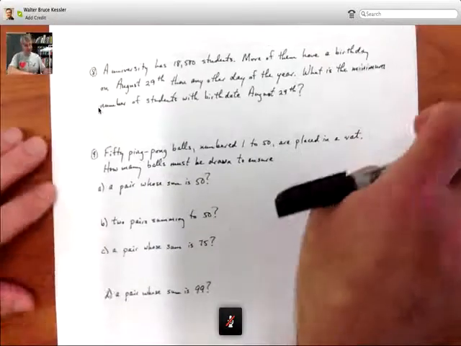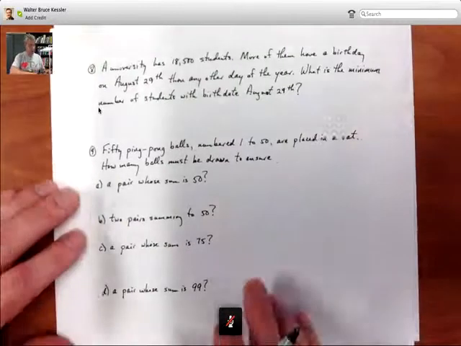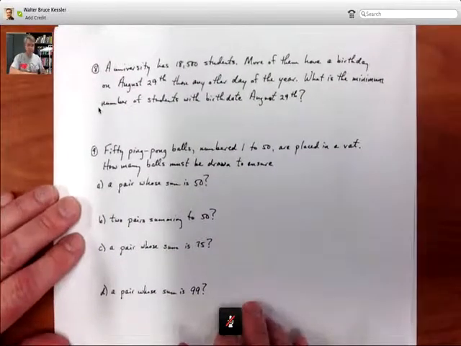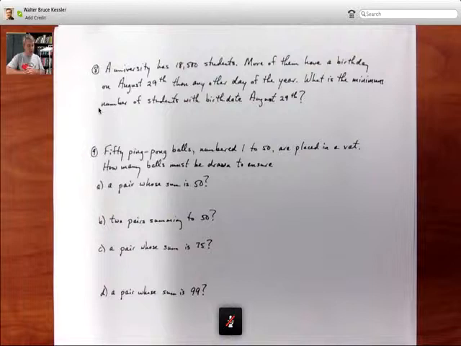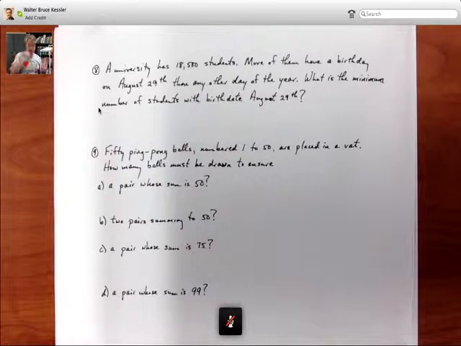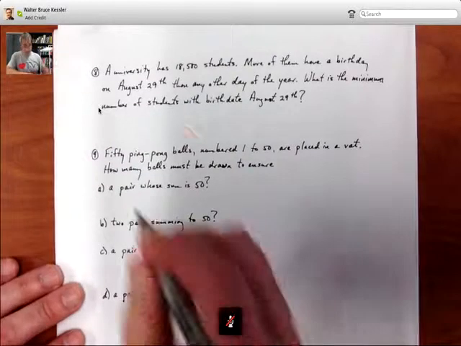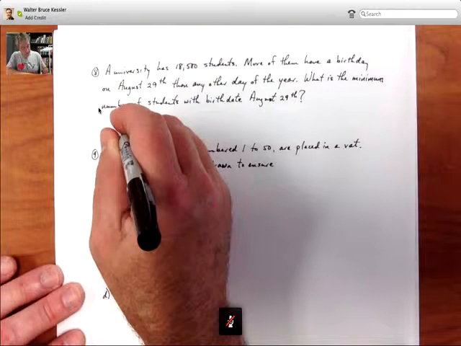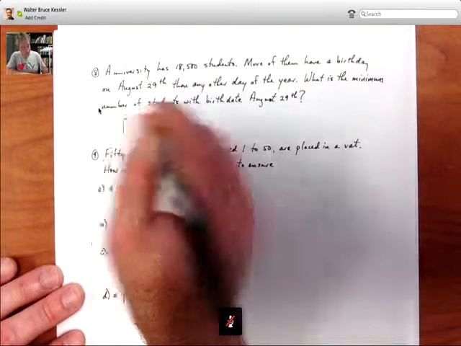Now to the problem I was looking at earlier. A university has 8,500 students. More of them have a birthday on August 29th than any other day of the year. What is the minimum number of students with birthday August 29th? So this is a straightforward generalized pigeonhole principle problem.